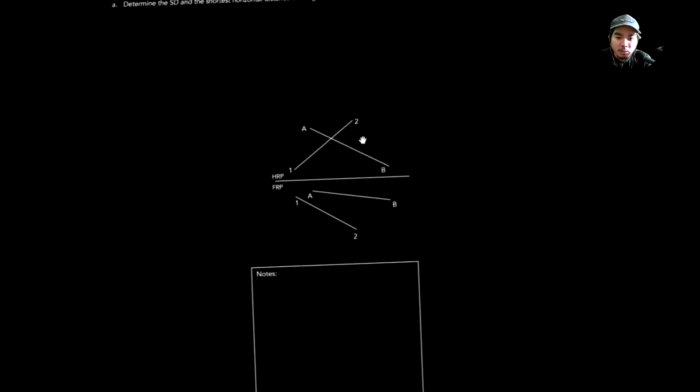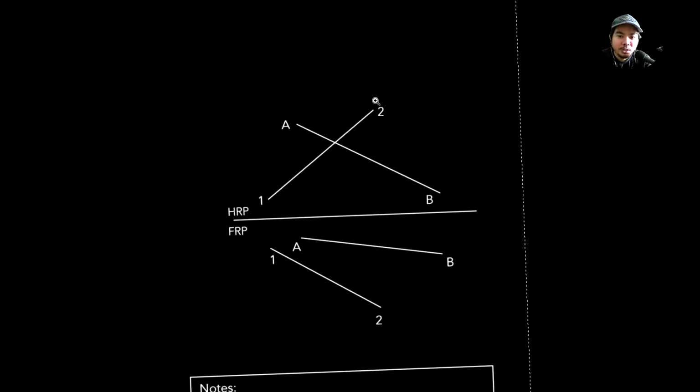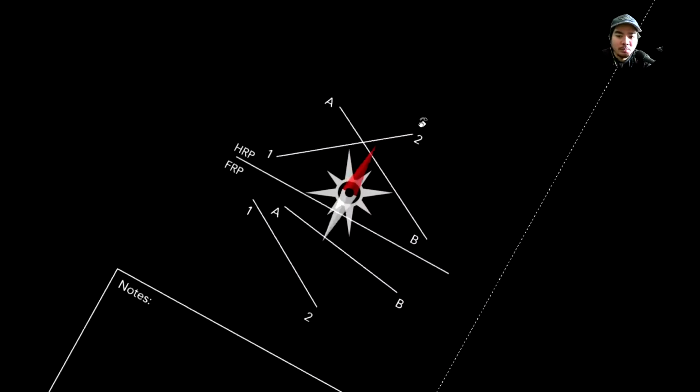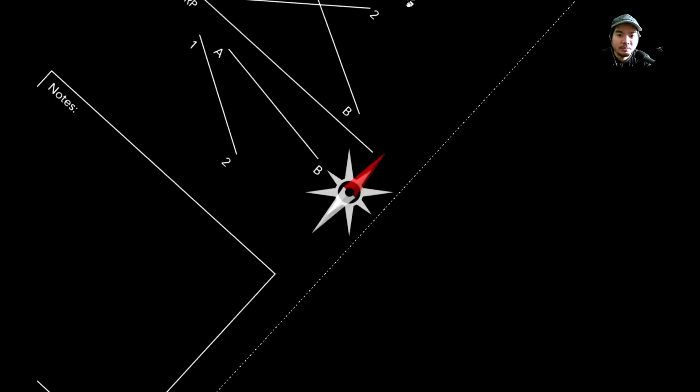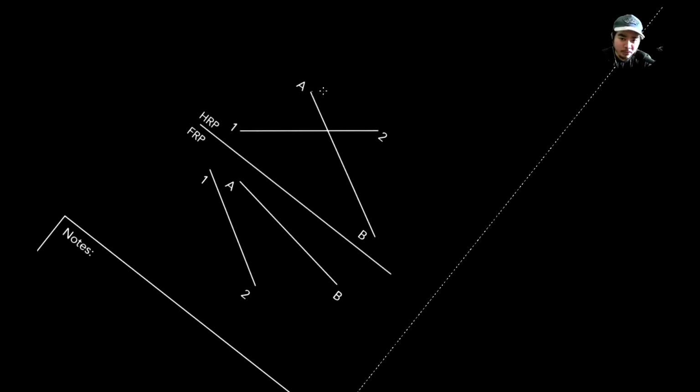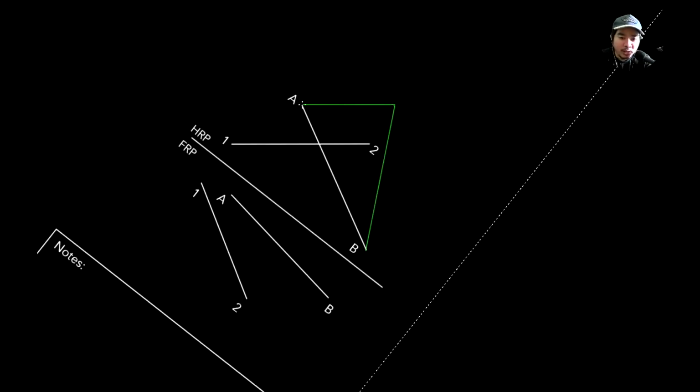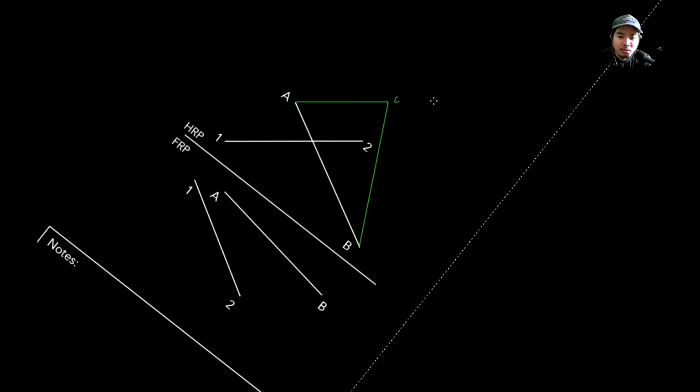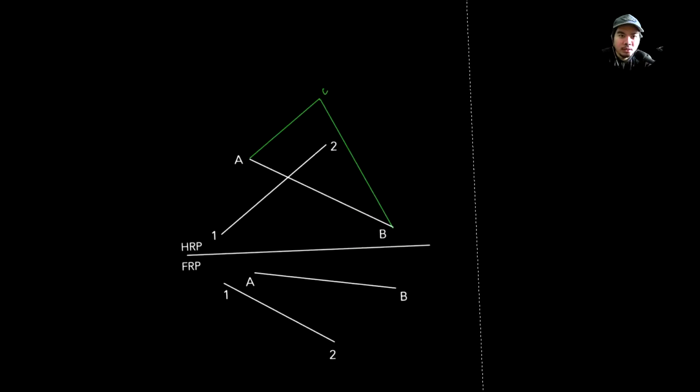So the way we do it is, create tayo ng parallel muna na line to 1, 2. And again, ang gagawin natin is AB. Gagawa tayo ng line parallel to 1, 2. And we'll make this as one of the edge of the triangles that will contain AB. Okay, so let's say C to. So then we project it downwards.